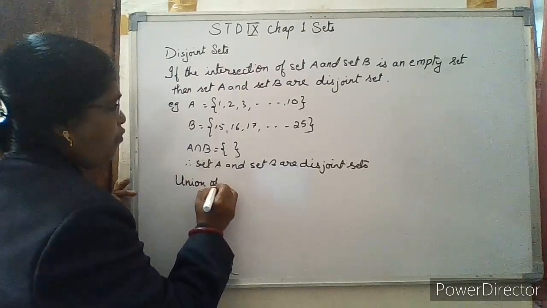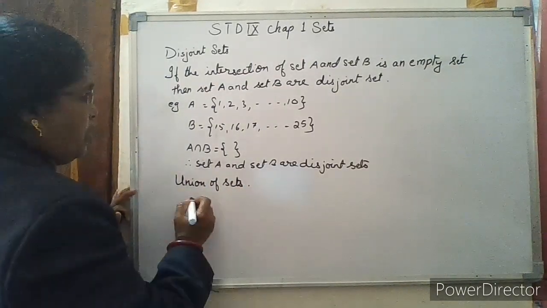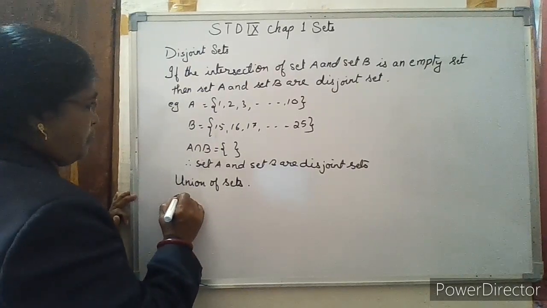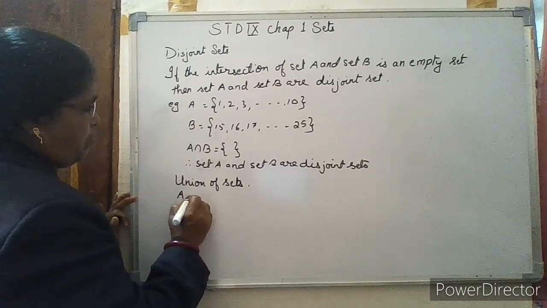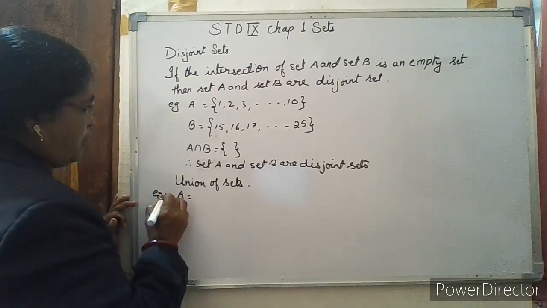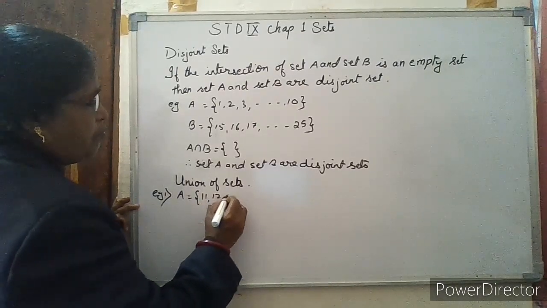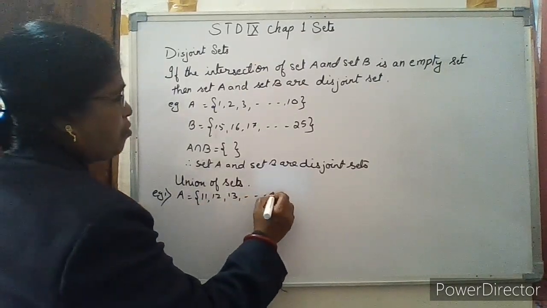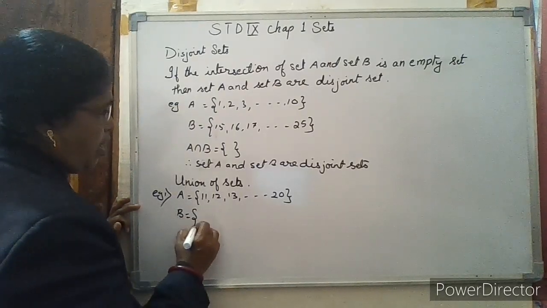Union of sets. Now, for example, suppose set A is given. Set B is equal to as shown.